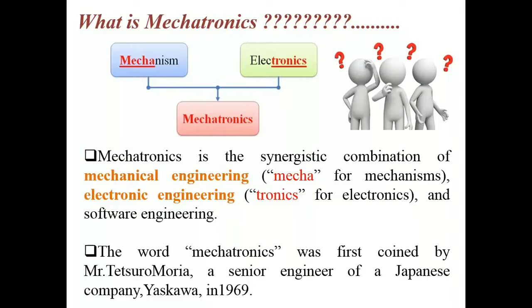So mecha and tronics join and we get the word mechatronics. The word mechatronics was first coined by Mr. Tetsuro Moriya, a senior engineer of a Japanese company, in 1969.